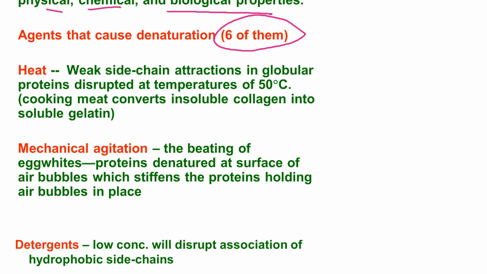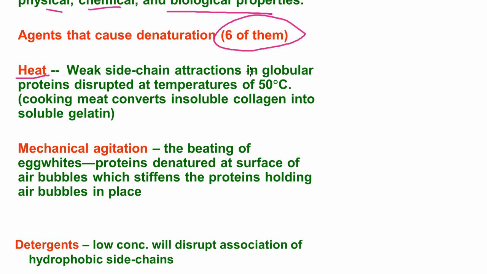Think about when you cook something, an egg or a piece of meat. You are denaturing those proteins. You're not hydrolyzing those proteins. We have to digest the meat or the egg in order for hydrolysis of the primary structure to take place. But the heat will denature the protein. So why does that happen?